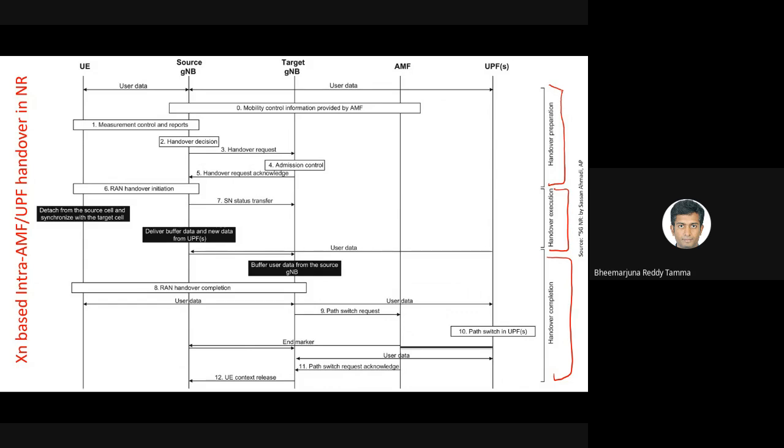Okay, can somebody tell me what is happening in step 2 and 3? In step two, after measuring the measurement control reports, the source base station decides whether to hand over the UE from it to the target. And step 3, what is happening?